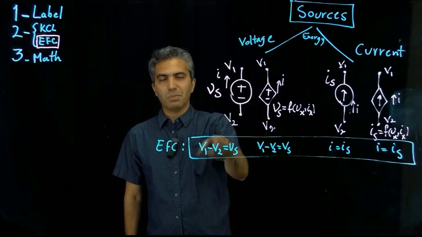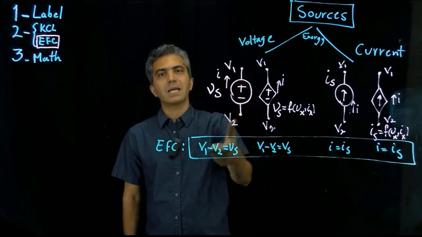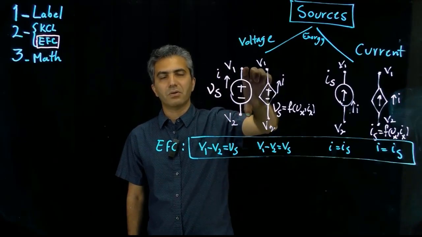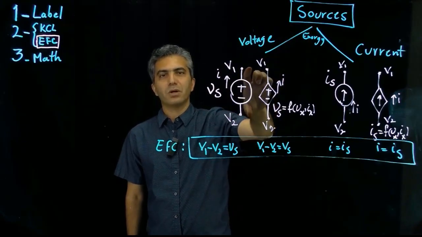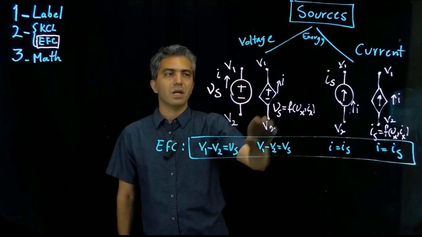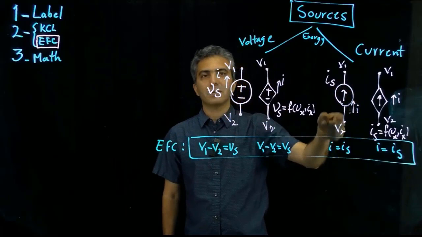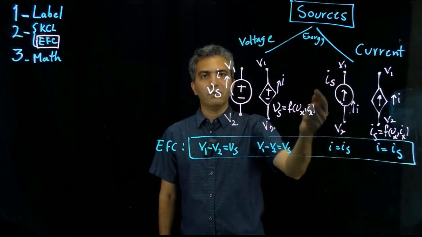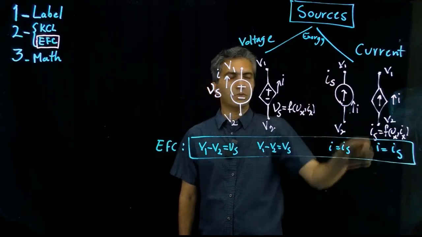So this equation basically just describes the same thing in the language of math. It tells you that the voltage difference across this source of voltage is a known value. V1 minus V2 is Vs, the same here. And this one says that the current that is passing through this component is a known, given value in both cases.